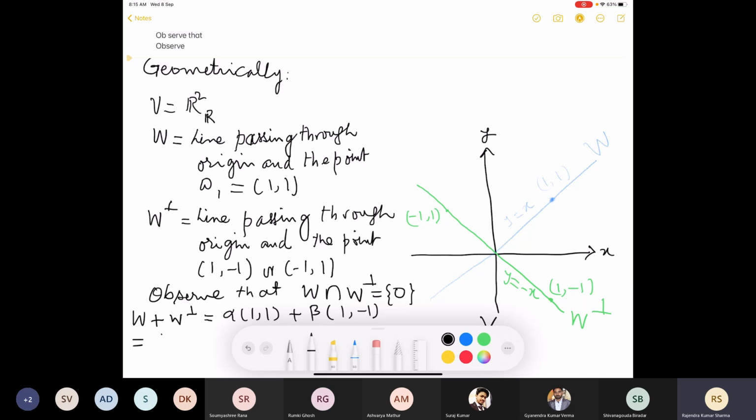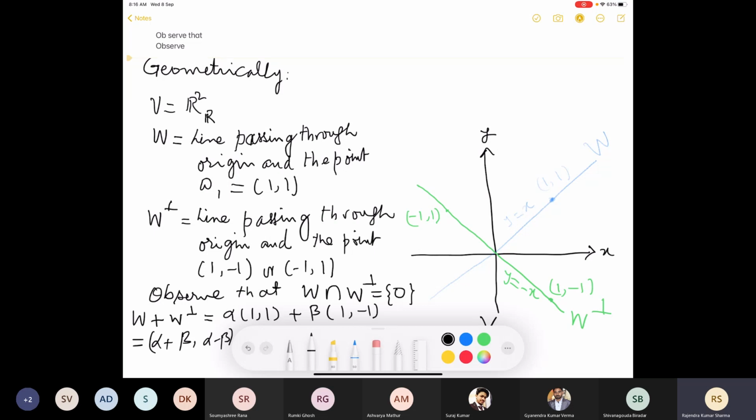And this will be of the form alpha plus beta, alpha minus beta. When are alpha plus beta and alpha minus beta equal? In that case, alpha cancels and 2 beta is 0. So that will make beta 0. But if beta is 0, this is alpha, alpha. So that will fall on the line y is equal to x.